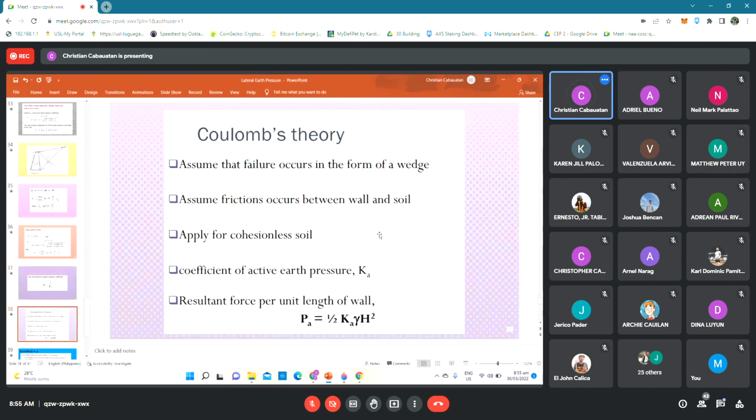Okay, and what is the theory of Coulomb? For Coulomb's theory, assume that the failure occurs in the form of a wedge. Okay, and assume friction occurs between your wall and your soil. Okay, and then apply for cohesionless soil, and then the coefficient of your active pressure Ka, and then your resultant force.